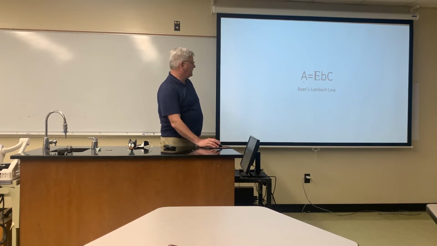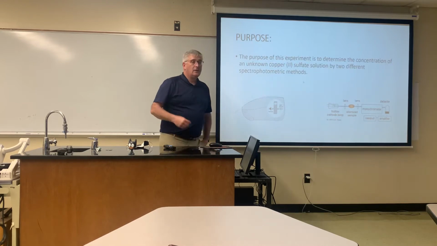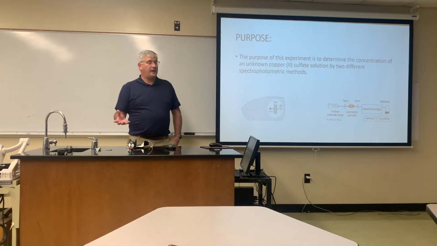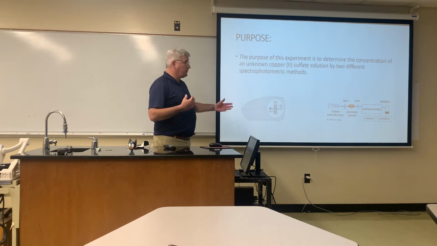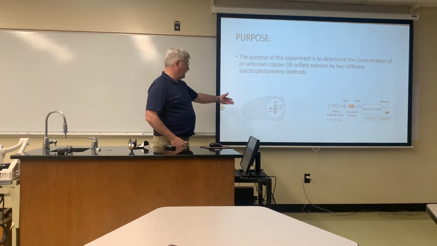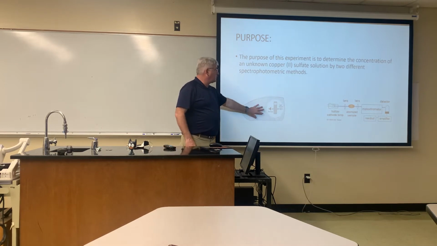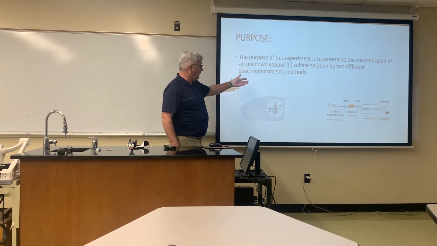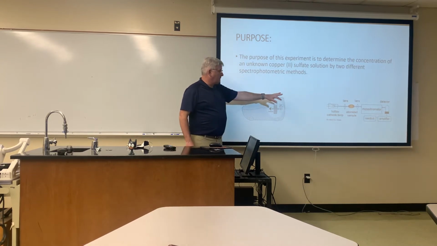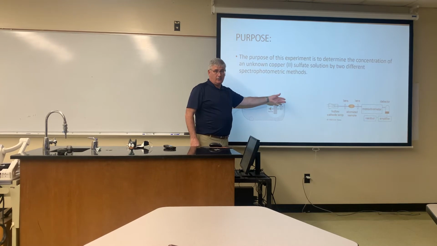We can prepare known standards, and then measure their absorbance in a spectrometer. We could use something as simple as a colorimeter, and that would work well for copper sulfate solution, or we could use something like an atomic absorption instrument.